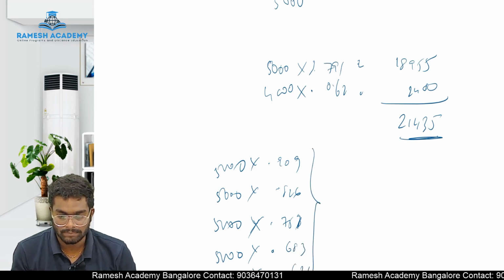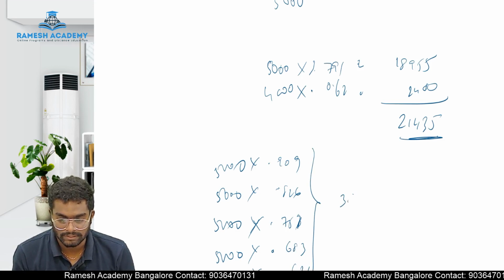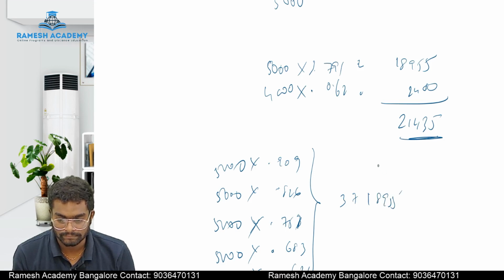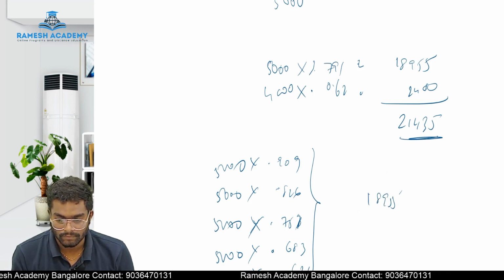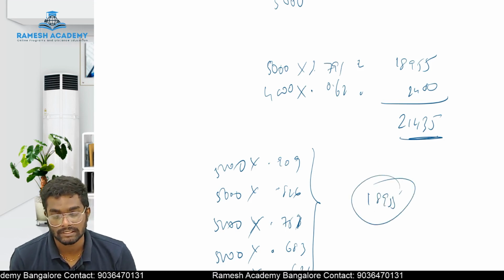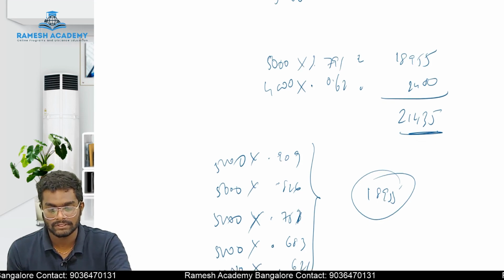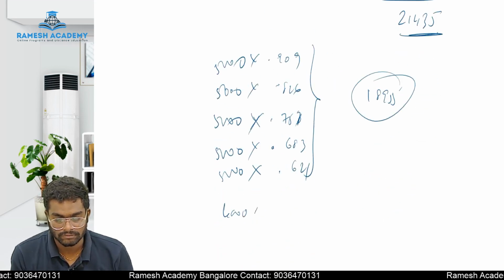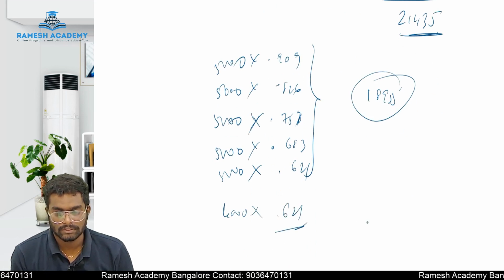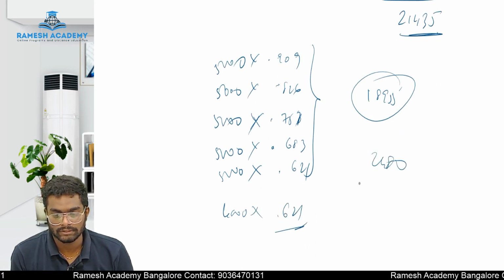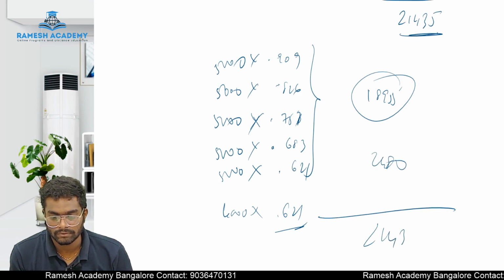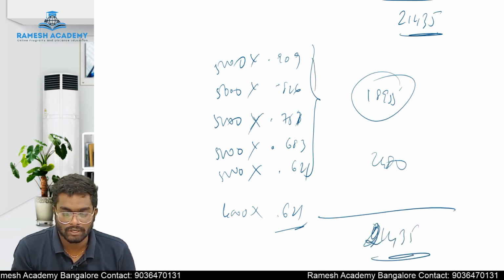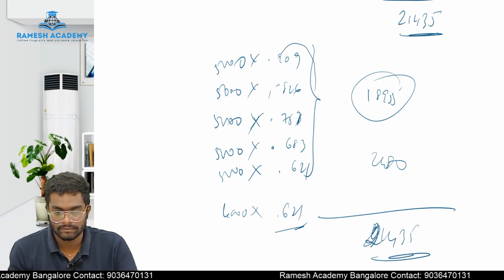If you multiply all this, you will get 18,955. At the end of the 5th year, you will get a scrap value, that is 4,000 into 0.621, which will be 2,480, and totally you will get 21,435.